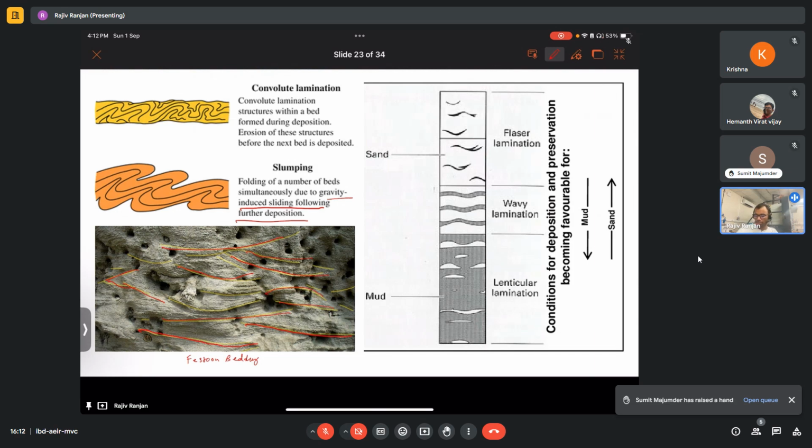So this is not related to penecontemporaneous structure. Penecontemporaneous structure is related to this, which happens after the depositions, or even at a later period.